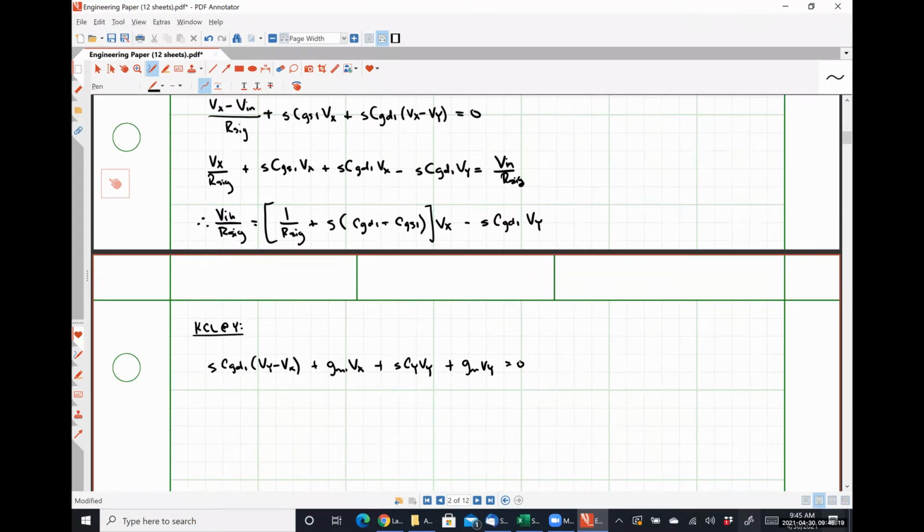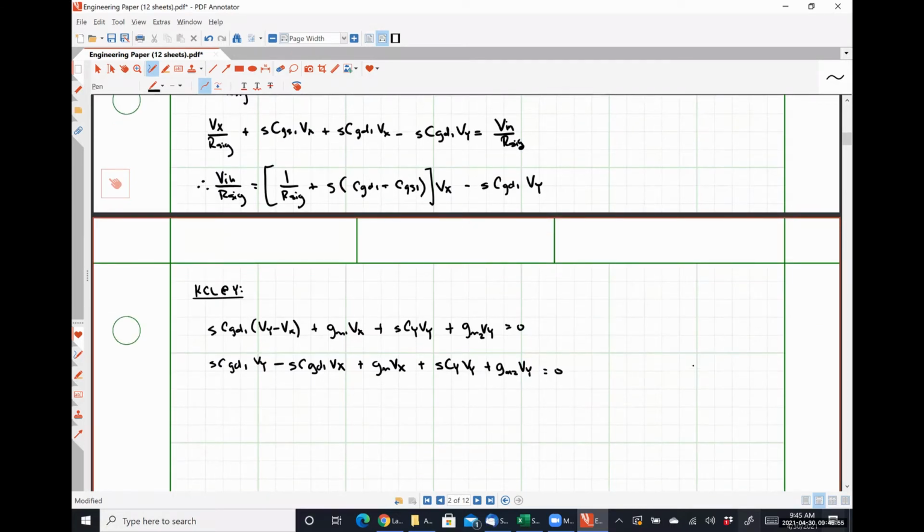And then let's do a little bit of algebra again. So we're going to have S CGD1 Vy minus S CGD1 Vx plus GM1 Vx plus S CY Vy plus GM2 Vy. And it looks like I'm miswriting the 2 directly above it, so I corrected that. Is equal to 0.